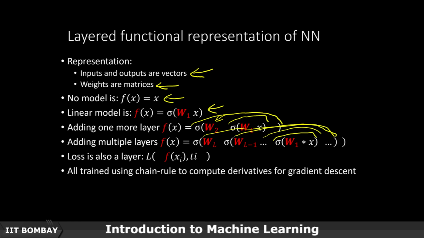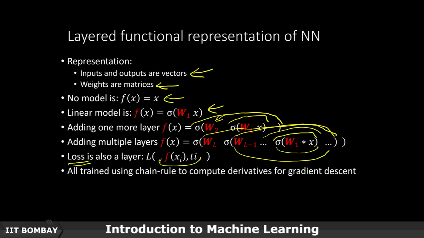That's pretty much it. And we can also think of loss as another layer, where you can see the layers as a function inside a function. So we can take this entire function and put it inside the loss function, and that makes the loss also another layer.